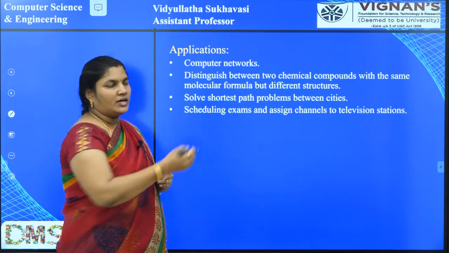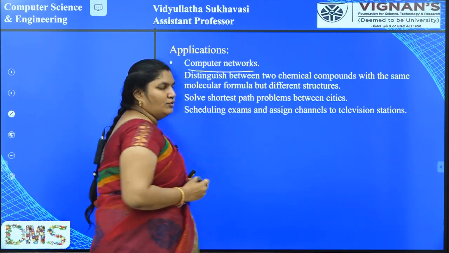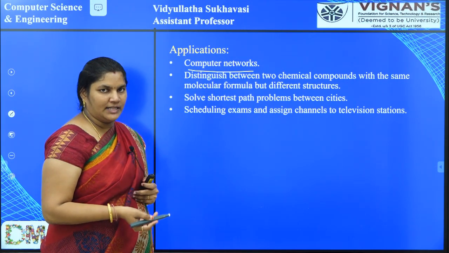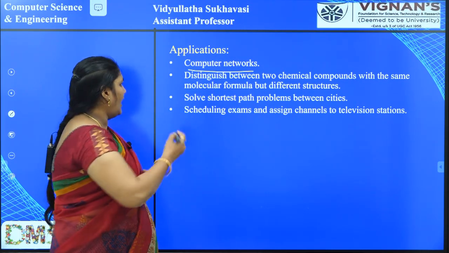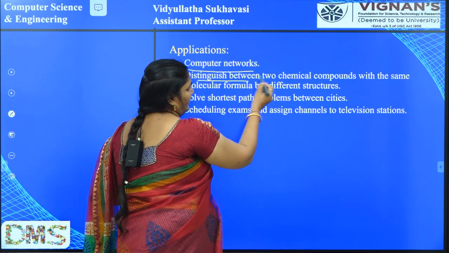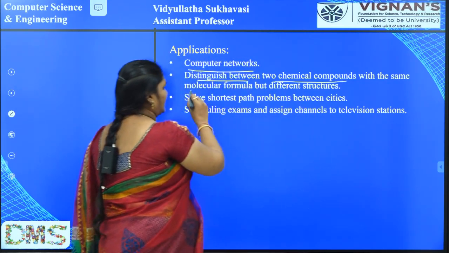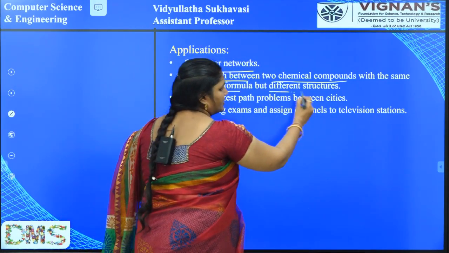In computer networks, we can use graphs to find the shortest path from one node to another node, and to distinguish between two chemical compounds with the same molecular formula but different structures.